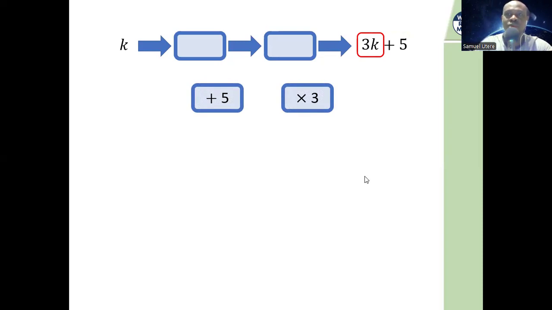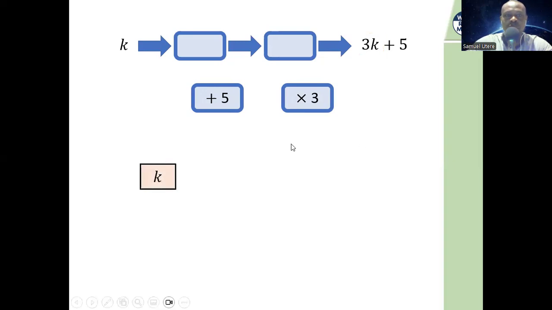So whatever you thought the answer was, you can write it out and then work it out, because you already know from your previous lesson how to use two-step function machines when your input is a term, an algebraic term, which is k, or a letter, which is k. So if you do that, here is what you get.